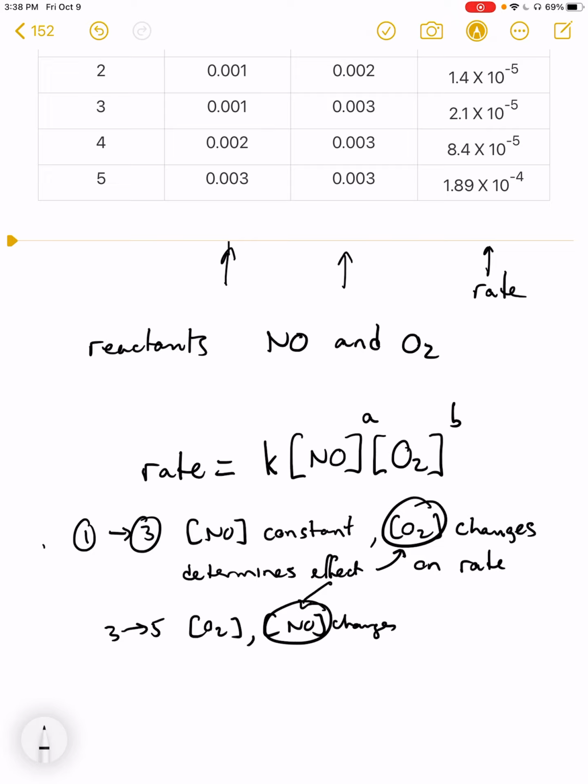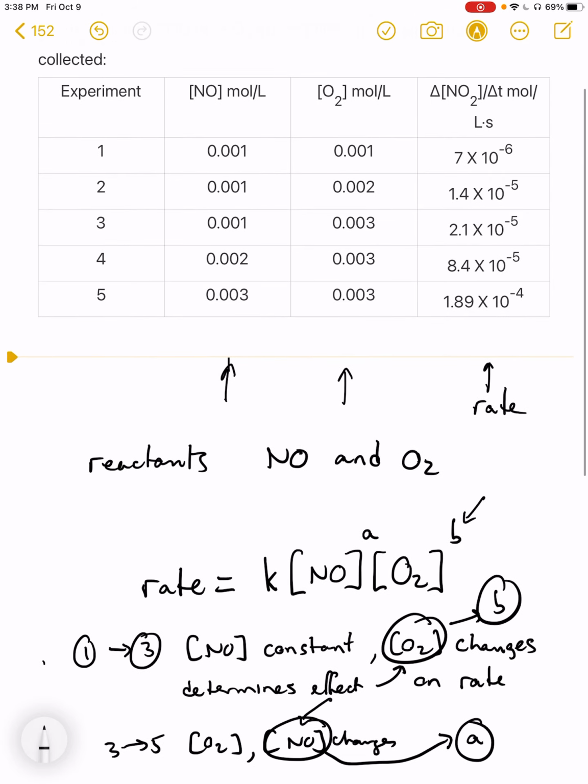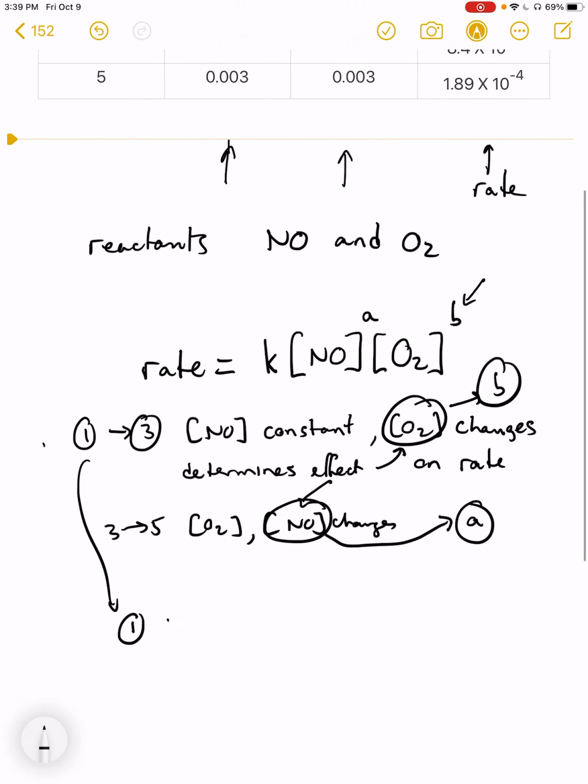If I want to determine the effect of O2, that means I want to get the order B. So I can use these to determine the order B, and I can use these experiments to determine the order A. And when I was talking about the data being kind of perfect in an ideal made-up problem like this, I mean you can use any two of these experiments. So I'm going to start by using experiments 1 and 2, okay?